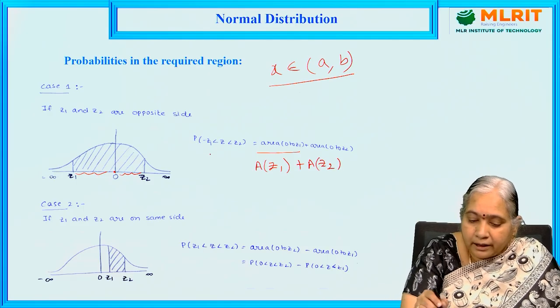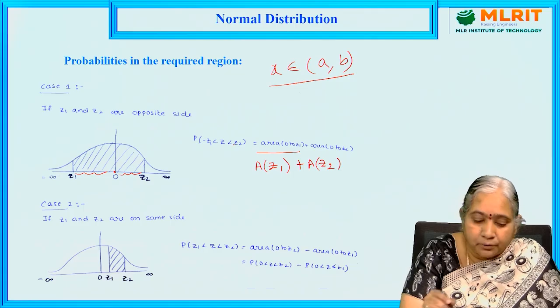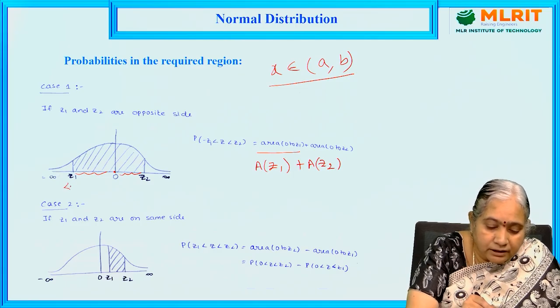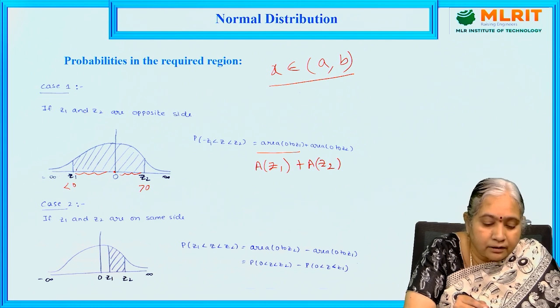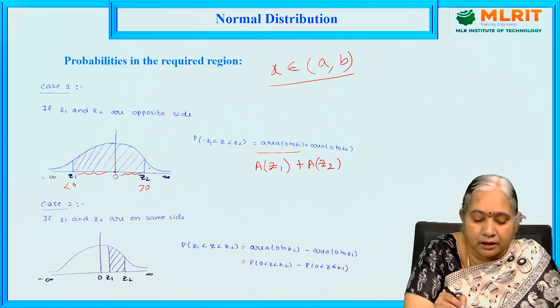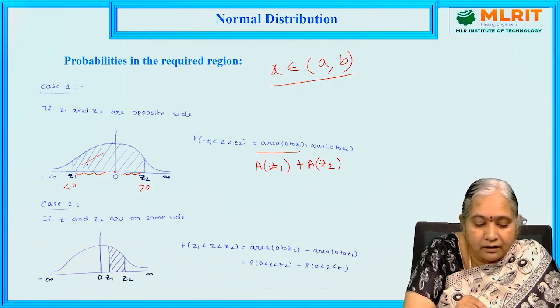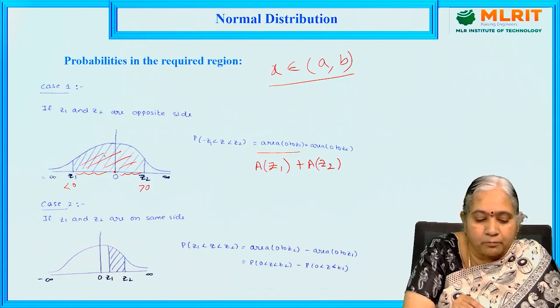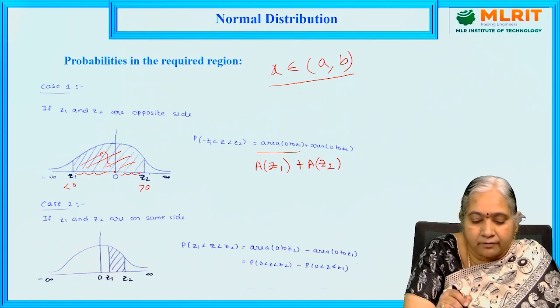So the probability of Z, where Z is a normal variable, which lies between Z1 and Z2, with Z1 less than 0 and Z2 greater than 0. So always we draw a vertical line for Z1 to the left of mean and for Z2 to the right of mean. So in between, that means Z values lying between Z1 and Z2, this is the area.